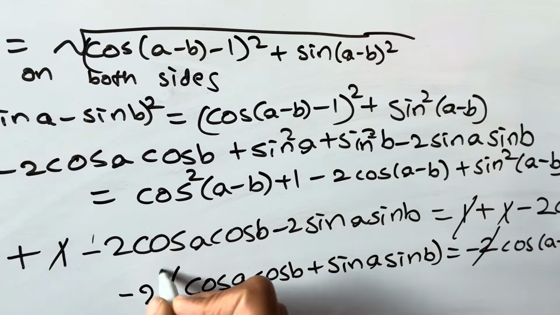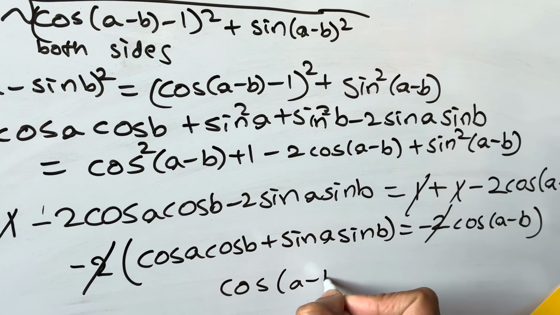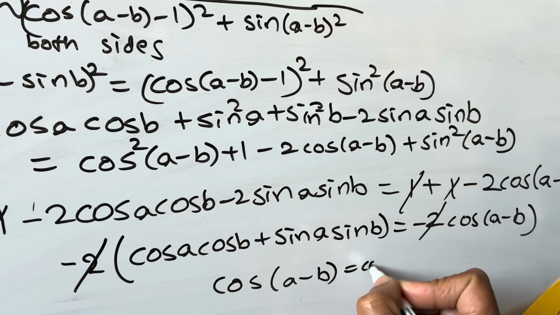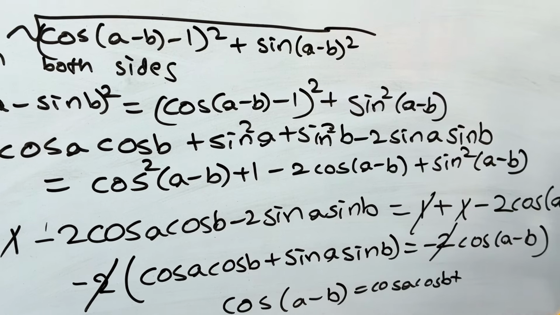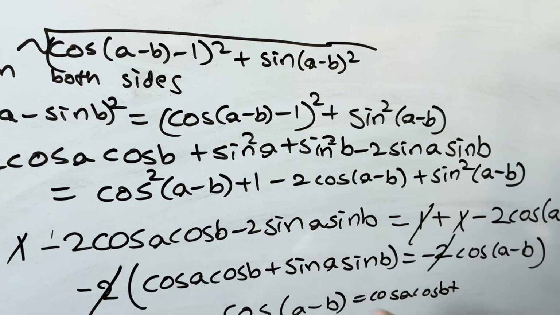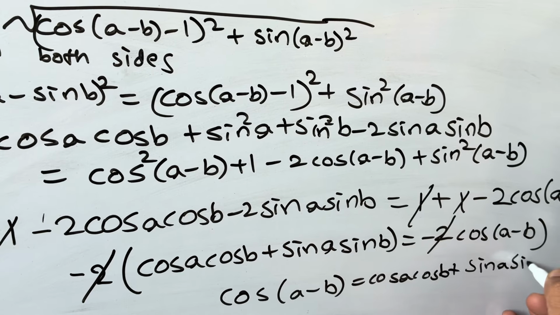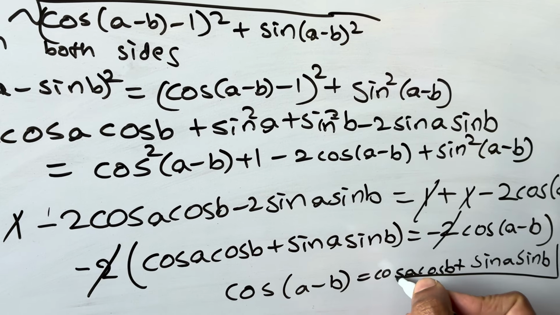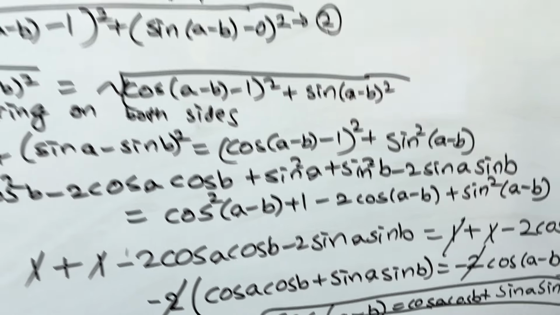So minus 2 gets cancelled out, and I'll be left with cos of (A minus B) is nothing but cos A cos B plus sin A sin B. Hence, I have proven my identity here.